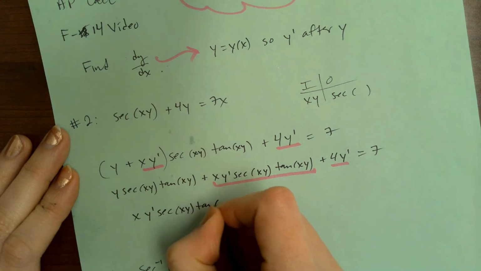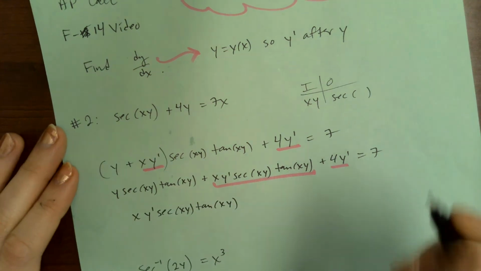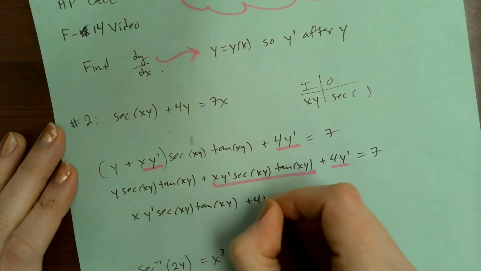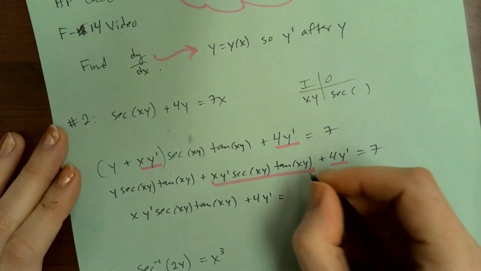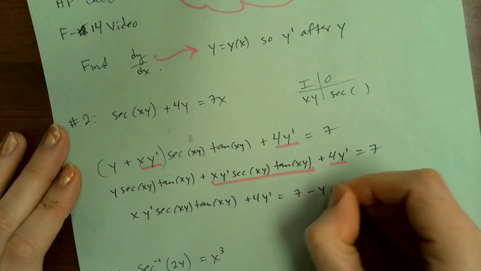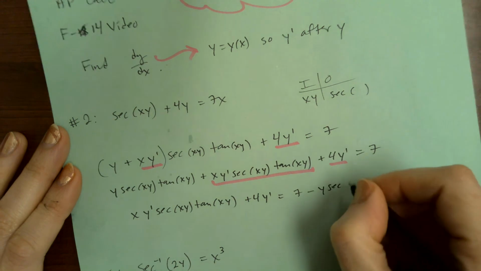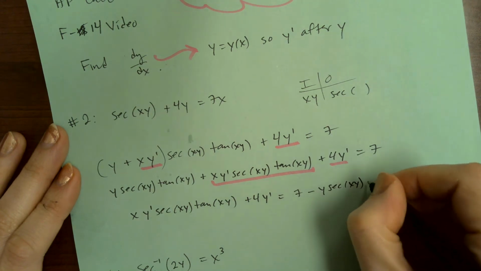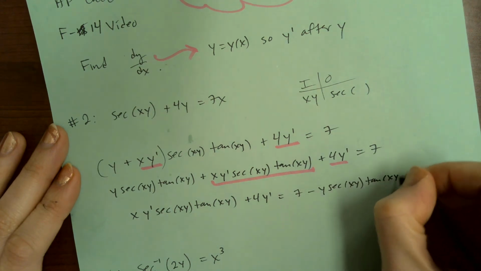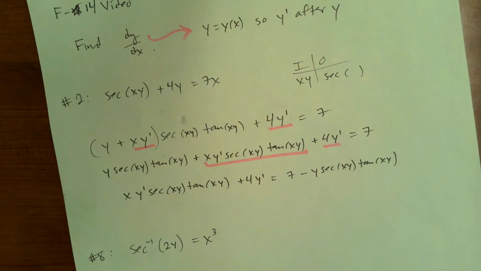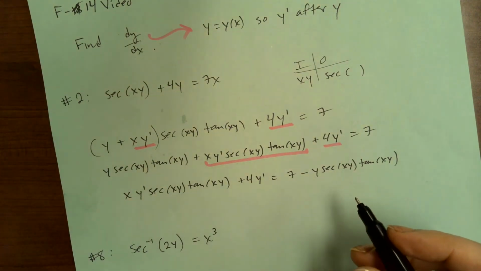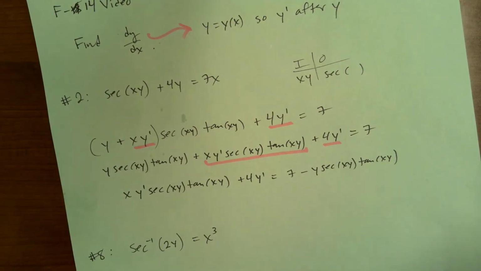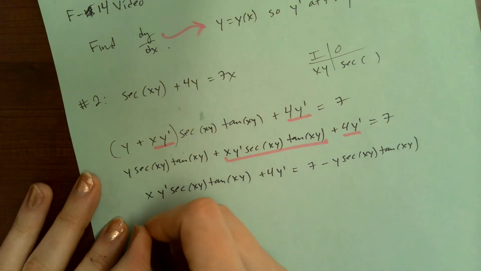That is fine. Now I'm going to factor out the y prime and divide both sides by what is left.